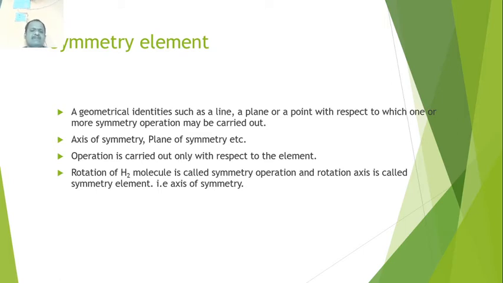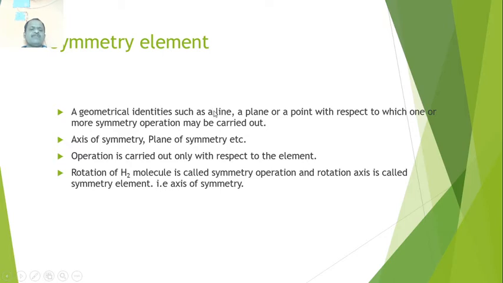In the last topic we saw symmetry operation. With the help of that symmetry operation, you have to perform an operation with the help of a line, a plane, or a point, so that you will get an indistinguishable configuration. That is generally called a symmetry element.